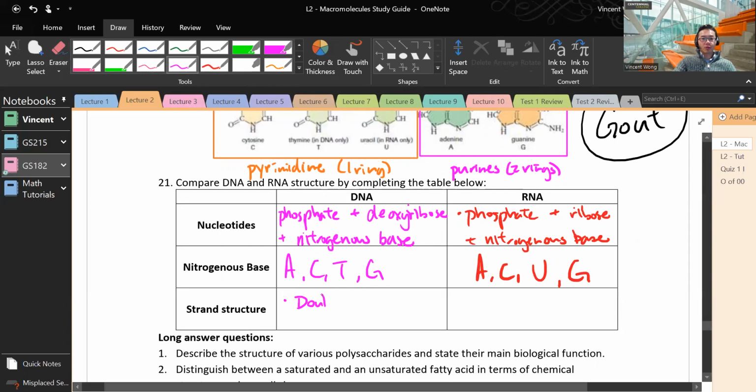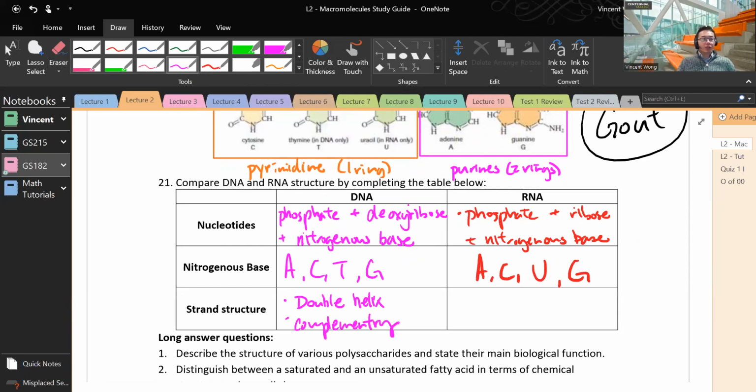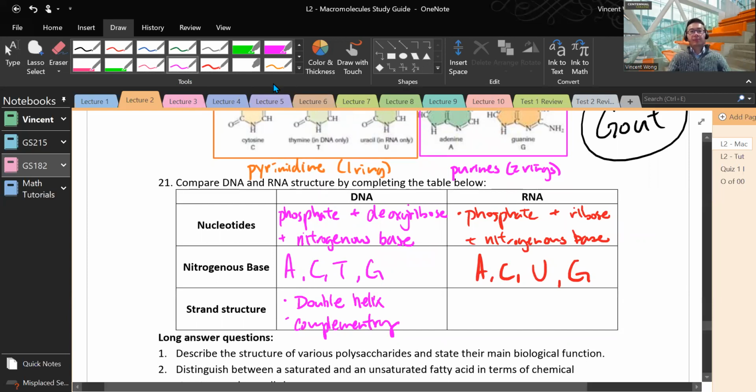DNA, I'm sure you've seen it on TV or in textbooks, is a double helix, and it is complementary. If you know one side, you can figure out what the other side is. Whereas RNA is single-stranded.